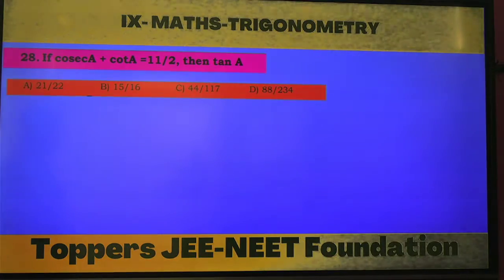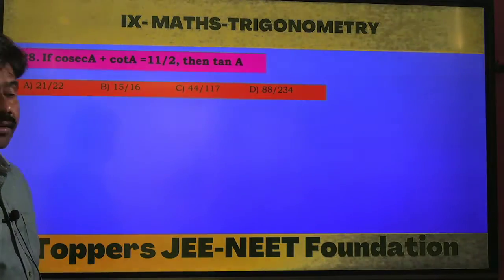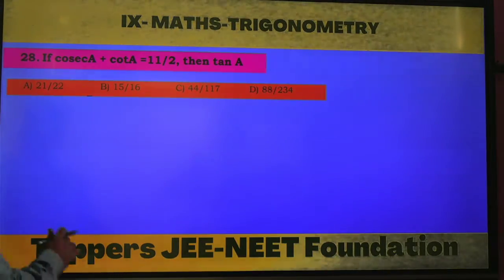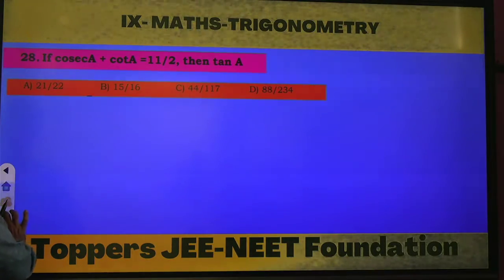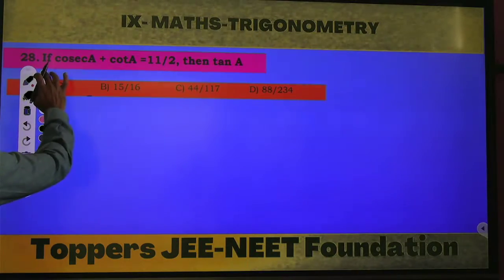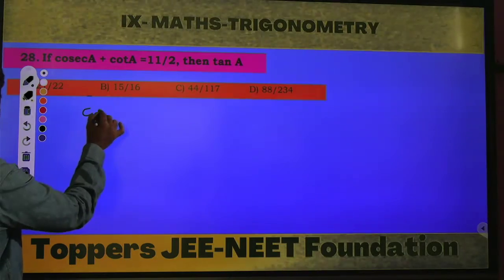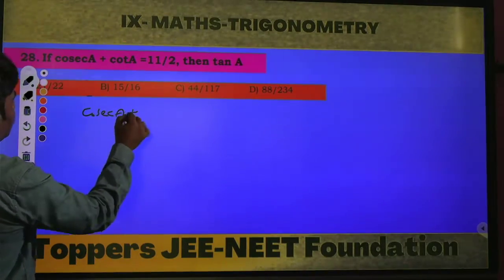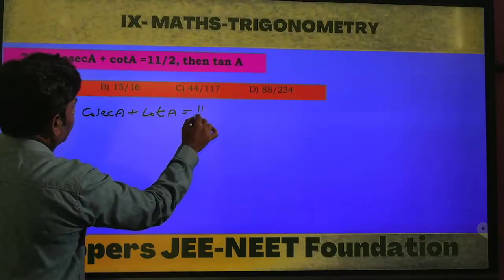Right, the first one, the 28th question: if cosecant A plus cot A is equal to 11/2, then tan A is equal to what? Cosecant A plus cot A is equal to 11/2.